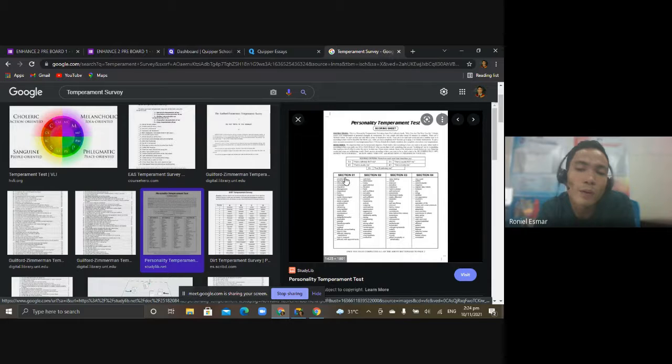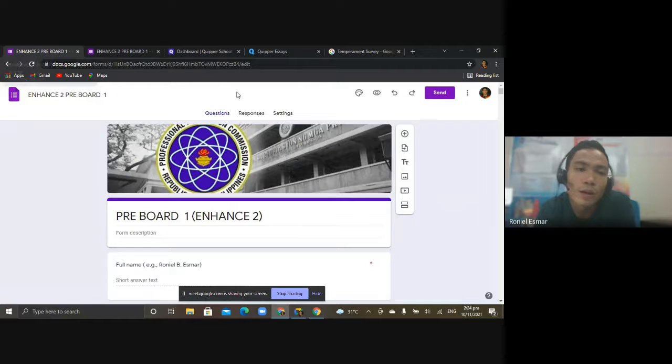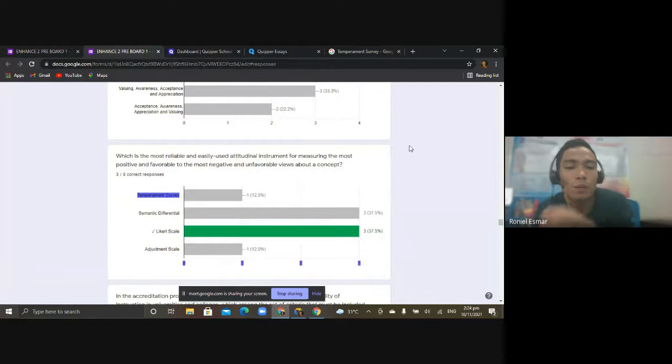They will be scoring it per section. Whereas what we are looking for is on the level, whether the one answering is favorable or not favorable to the concept.